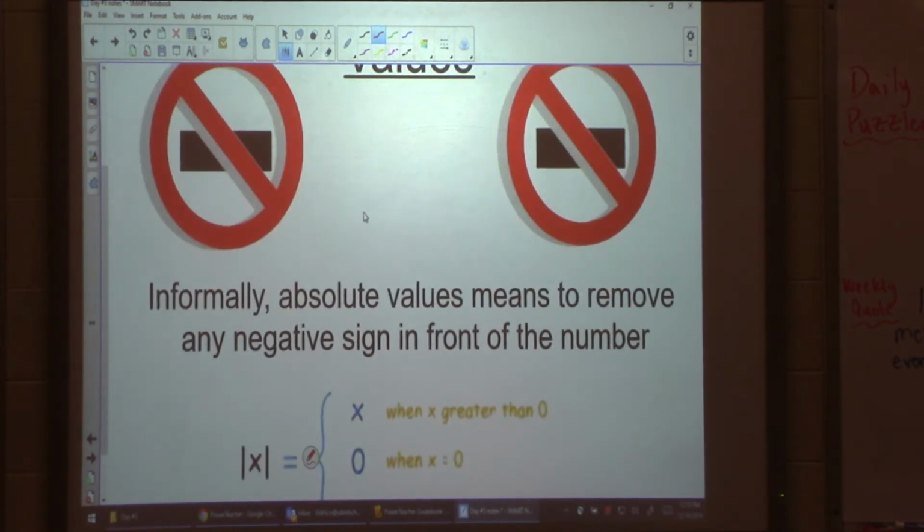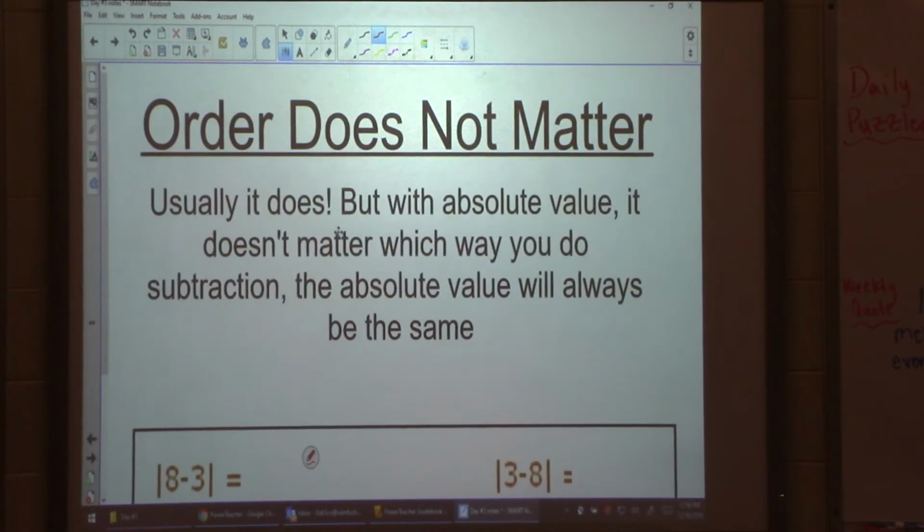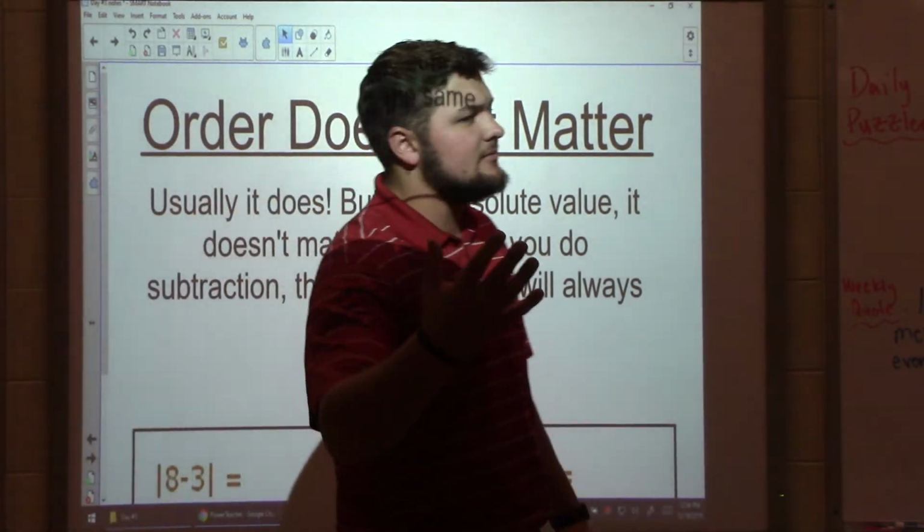Informally, like I just said, absolute value means we're always going to have positive numbers. Anything that comes out of an absolute value needs to be positive. So, order does not matter. Usually it does when we talk about subtraction, right? 10 minus 5 is not the same as 5 minus 10.